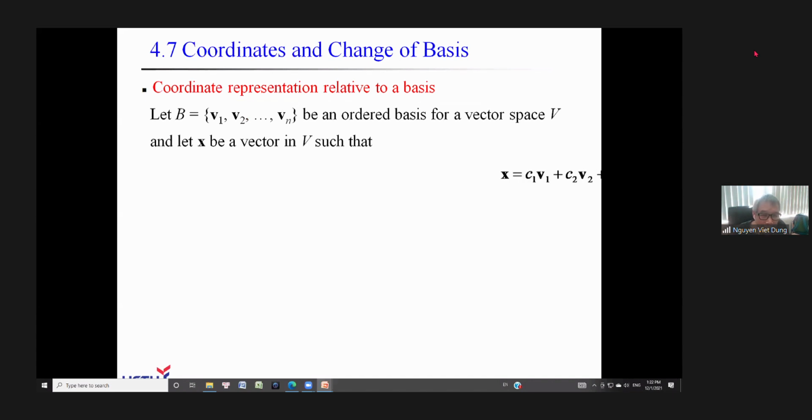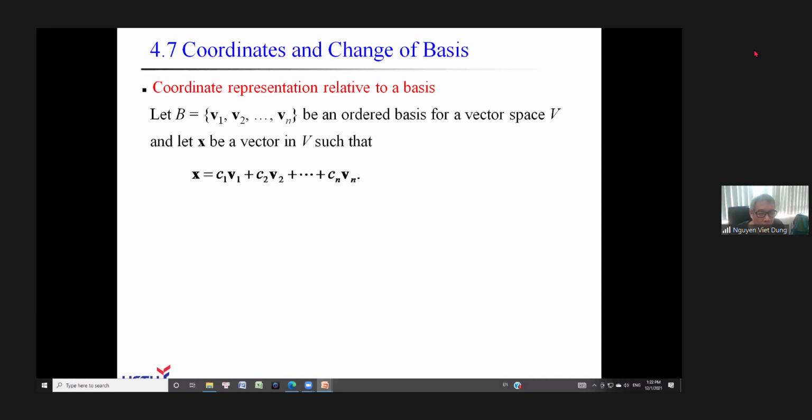By generating set, I mean X can be written as a linear combination of the vectors here. Means X will be C1 times V1 plus C2 times V2 plus Cn times Vn.